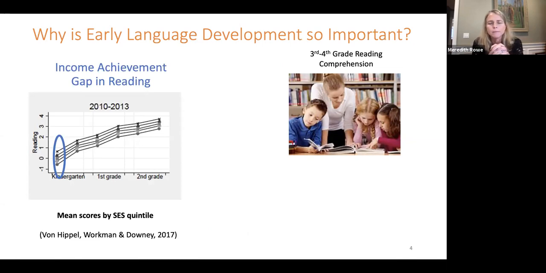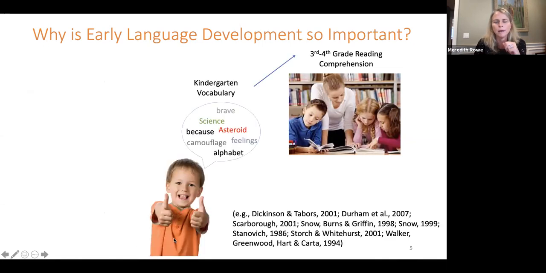So one of the big questions then is, well, what is reading in kindergarten? When children arrive in kindergarten, most children aren't reading books yet at this point with the 5-year-olds. What we know is that in kindergarten, one of the strongest predictors of later reading comprehension is children's oral language skills, in particular their vocabulary.